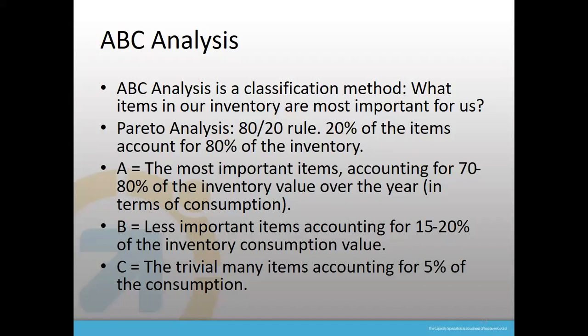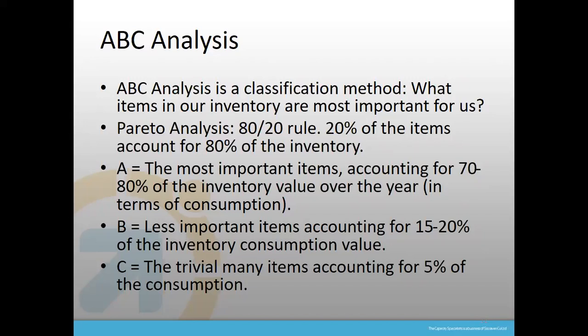Now it's called Pareto analysis. Some of you may have heard of the 80-20 rule. The 80-20 rule means that 20% of our items account for 80% of the inventory. Originally, Pareto was a mathematician a long time ago, and he said 80% of our business is with 20% of our customers.